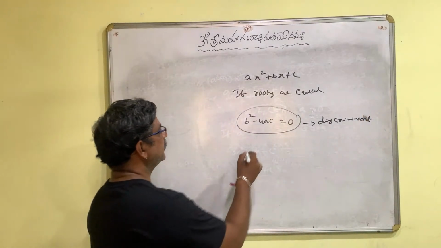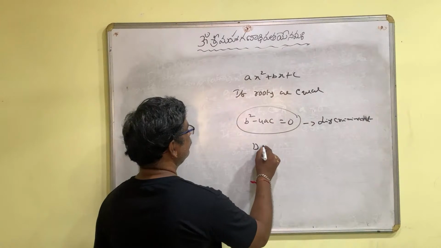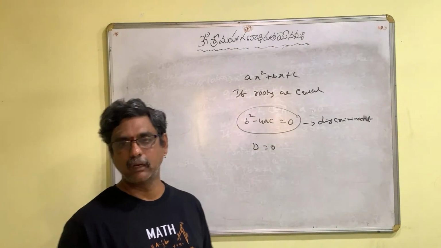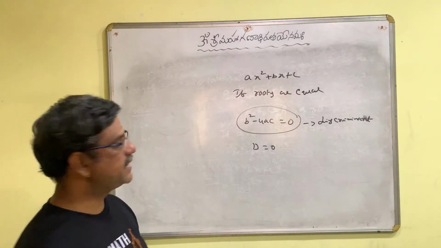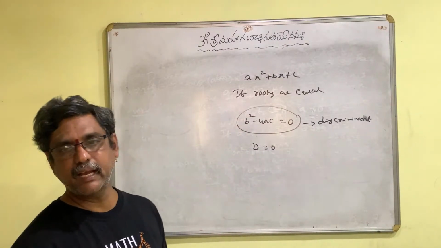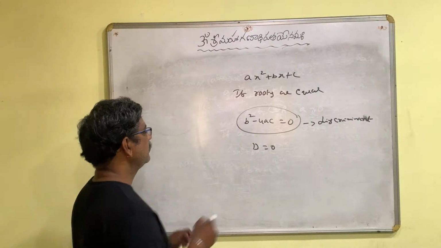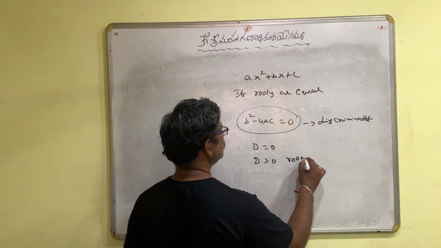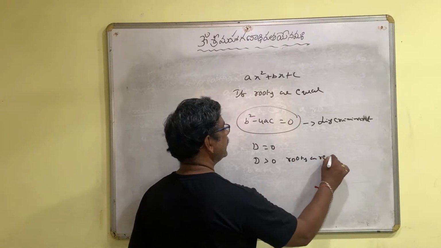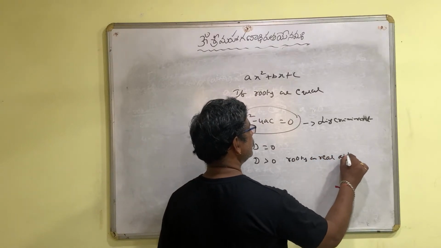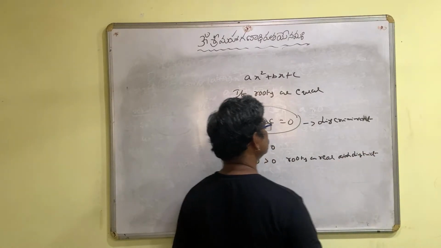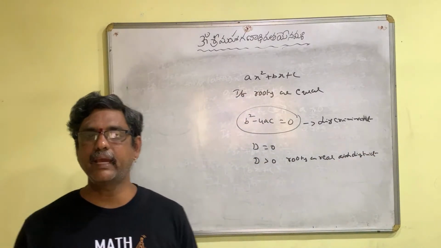This is called discriminant, denoted by the letter D. If D is equal to 0, the roots are real and equal. If D is greater than 0, roots are real and distinct.